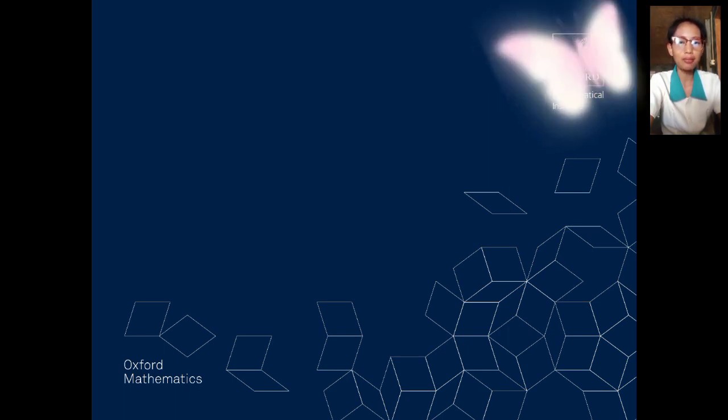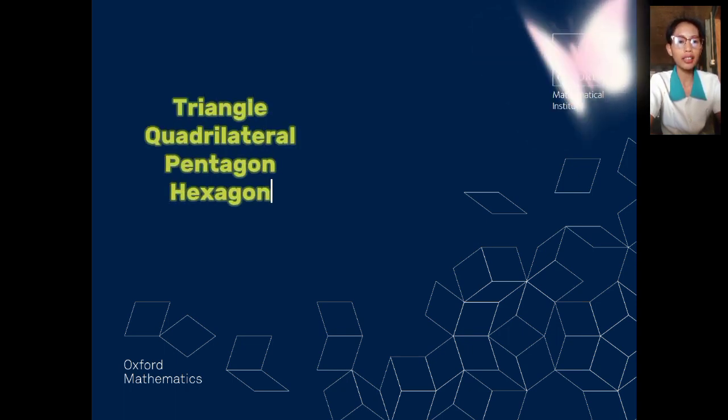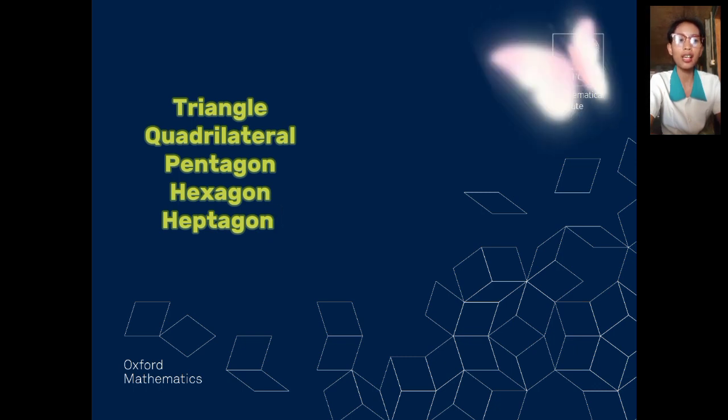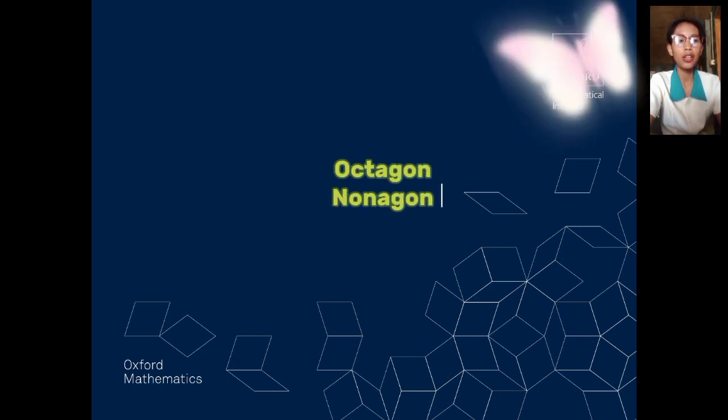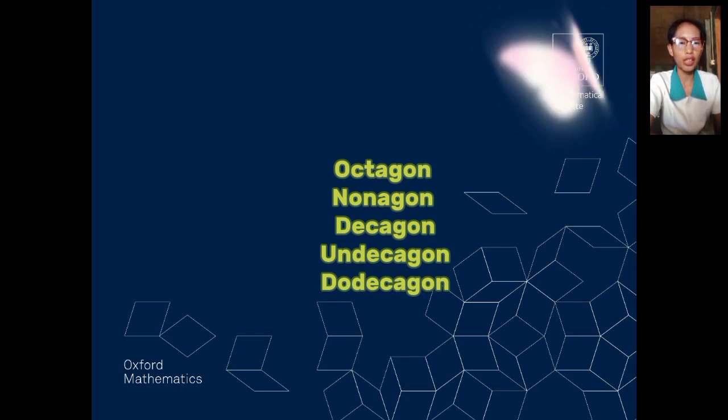So, anyone? Yes. The 10 kinds of polygon that we discussed earlier are the triangle, quadrilateral, pentagon, hexagon, heptagon, octagon, nonagon, decagon, undecagon, and dodecagon. Next question.